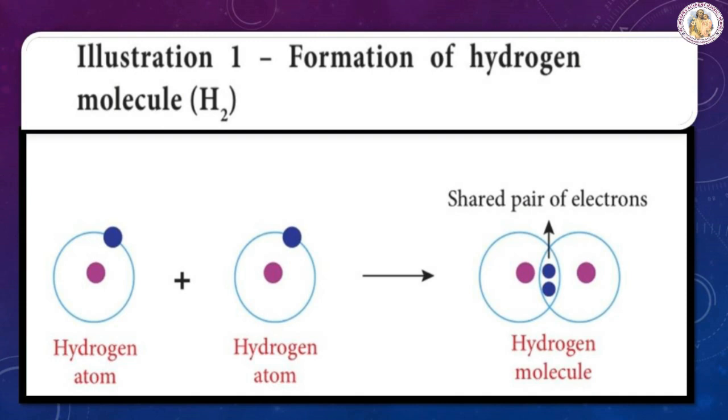So these two atoms share their electrons, and it completes a what? Stable electronic configuration. The first hydrogen atom shares one electron and the second hydrogen atom shares one electron, and this shared pair of electrons is called a covalent bond. And these two atoms, while sharing, form a hydrogen molecule. Pair means we have two electrons; in one pair we have two electrons.